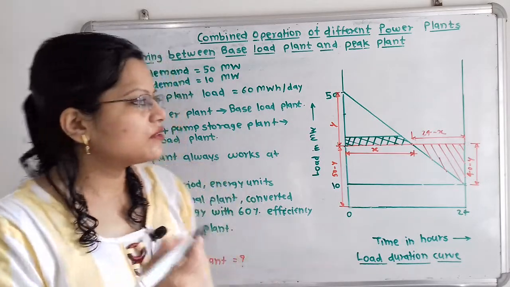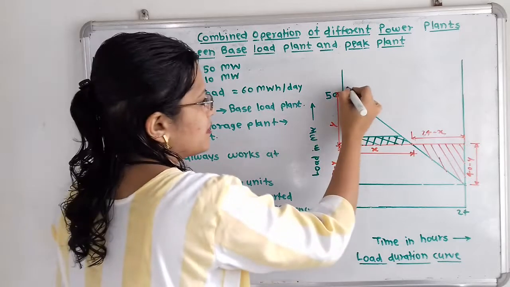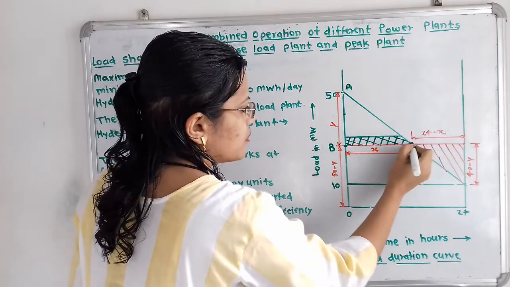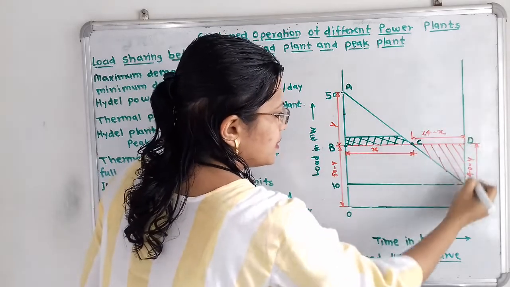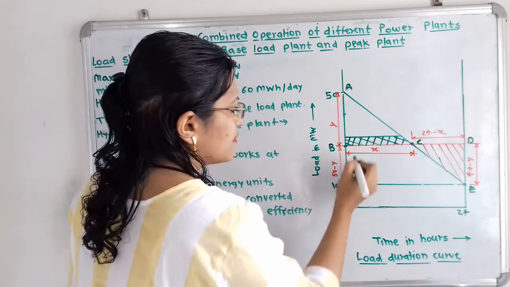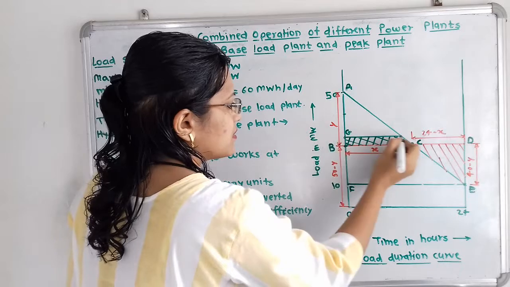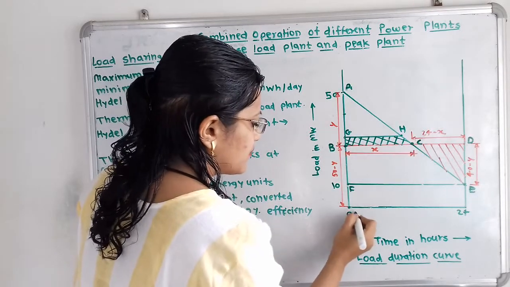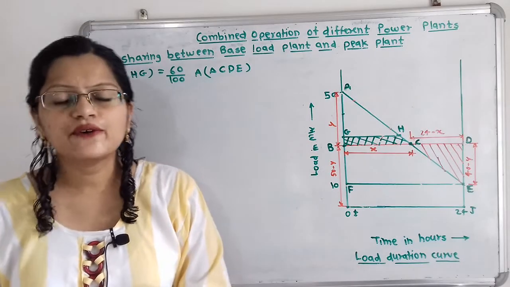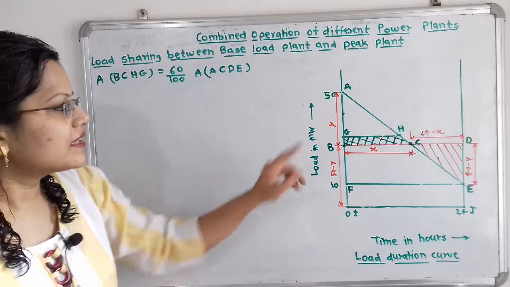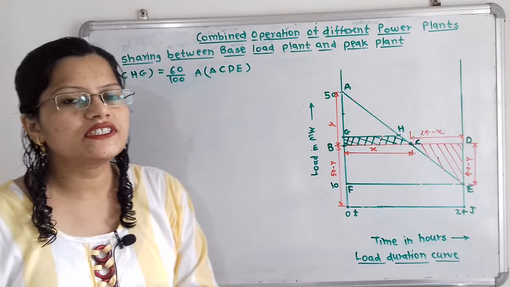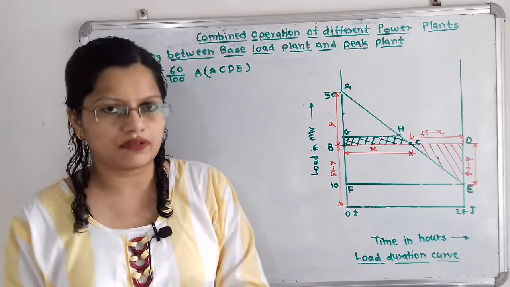Now I will give the notations for this diagram. I will give here A, then this point will be B, this point will be C, here is D, E, F, then here will be G, here will be H, here will be I, and here will be Z. If we observe this diagram, the area of triangle AGH is the energy units generated by the hydel power plant.